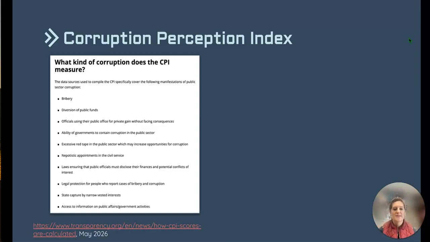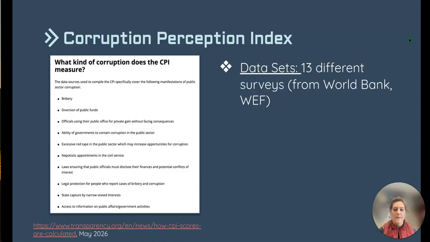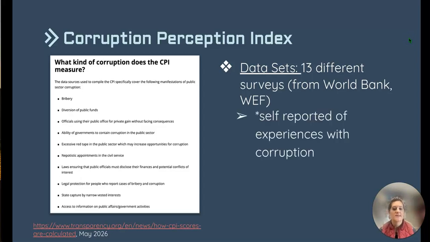What kind of corruption does the CPI measure? You can see a screenshot just from their website, but they pull from 13 different surveys that ask people questions about bribery and diversion of public funds, nepotism appointments, and other such things. These are often self-reported experiences with corruption.